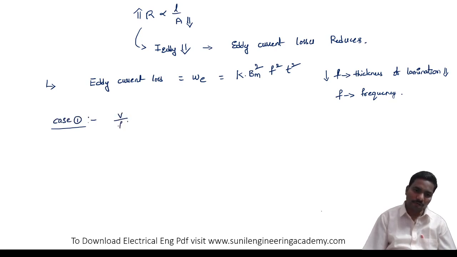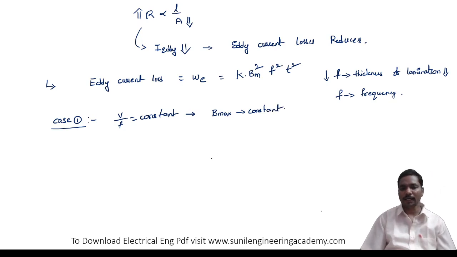If V by F is equal to constant, then B max is constant now. If you are not getting it, no need to worry. Watch a second time, then you will get the idea. It is a very easy thing. But if you are watching the transformer in depth for the first time, then try to watch again.